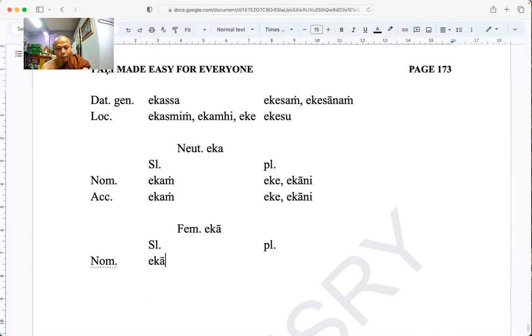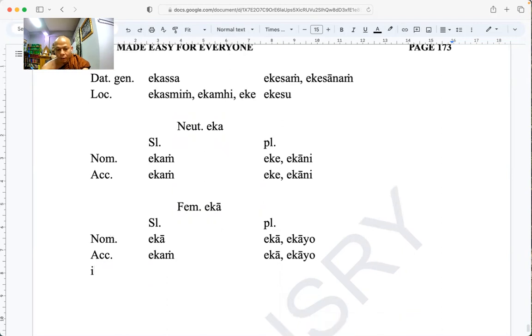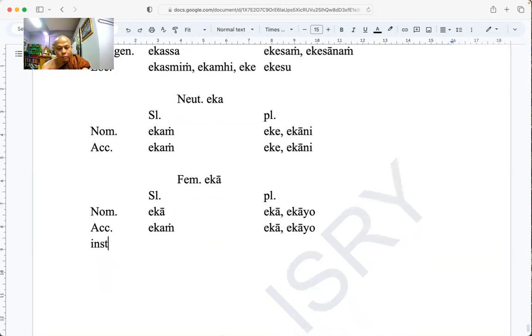Singular is eka, and the plural also ekaa, ekayo. Then accusative case: ekam, ekaa, and ekayo. Then the common form for instrumental, ablative, dative, genitive and locative.